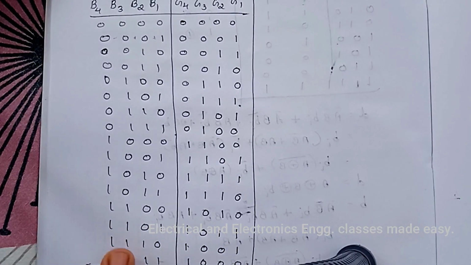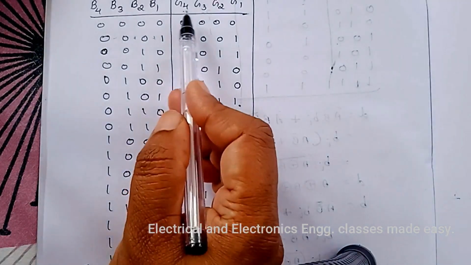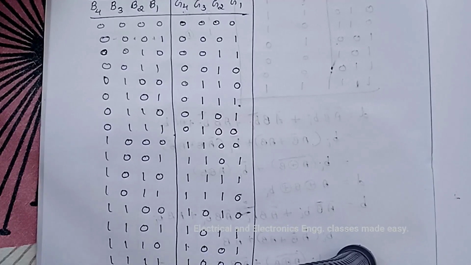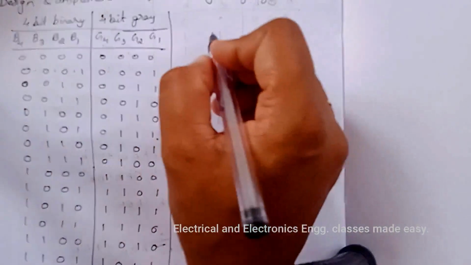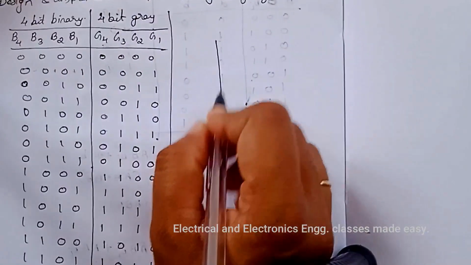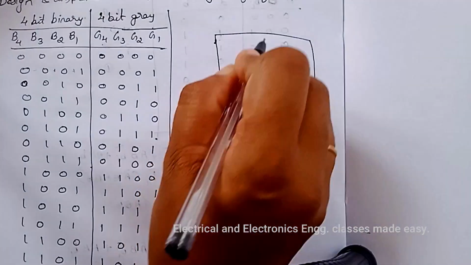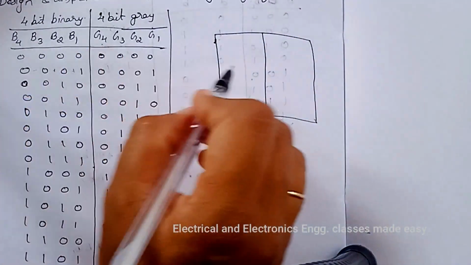Now we have to realize each gray bit using the K map. First of all, draw the K map for the realization of G4. Here the inputs are B4, B3, B2 and B1.